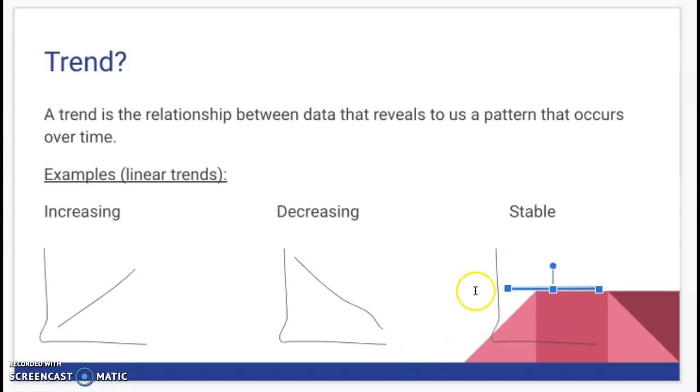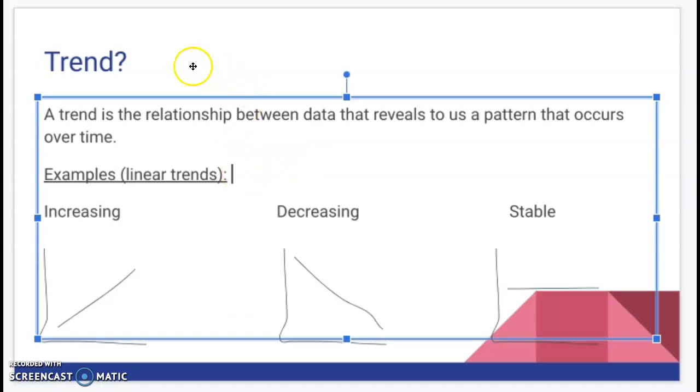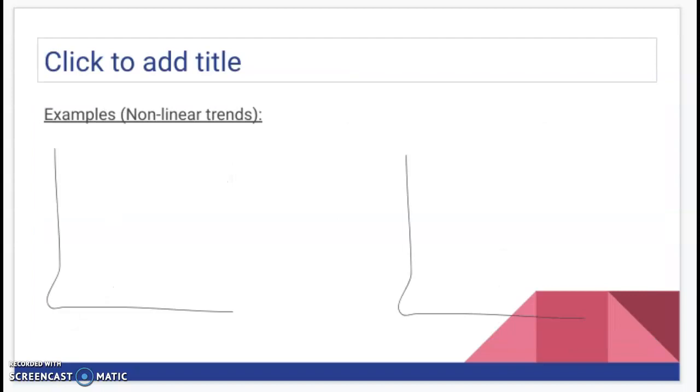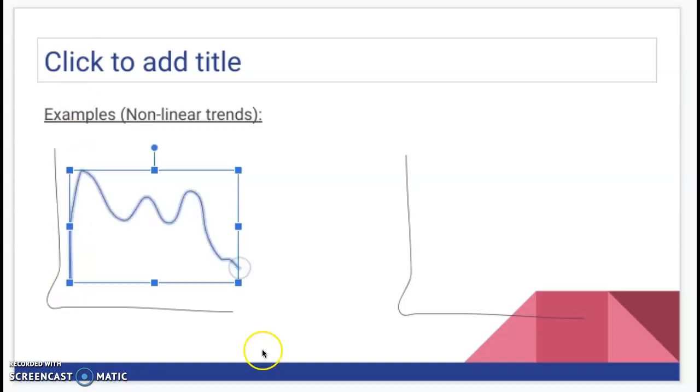So there's not a whole lot of change or variance in the data points. Now, not all trends are going to be linear. So there might be some ups and downs, some variance. So a non-linear data set might look something like that, where it's going up and down.